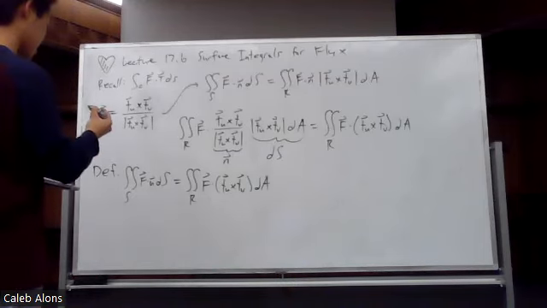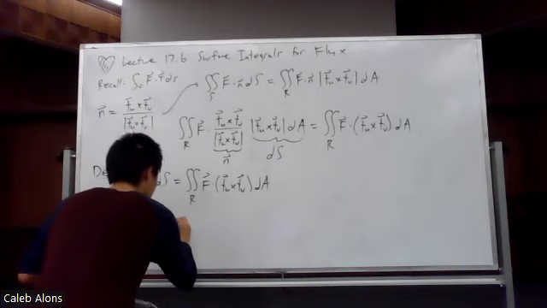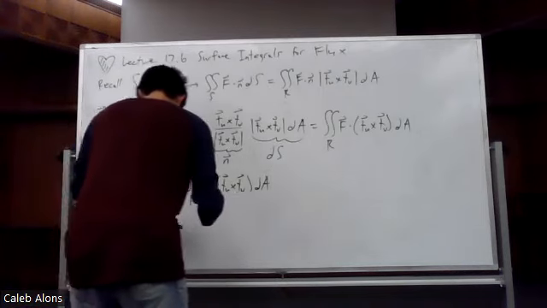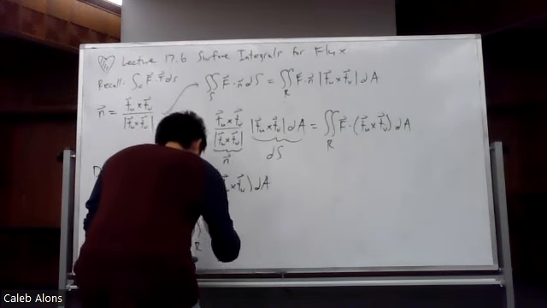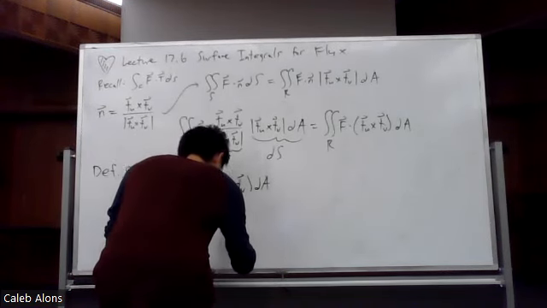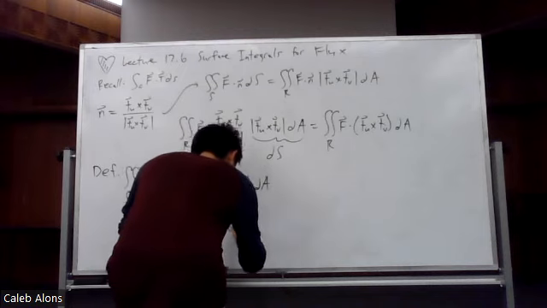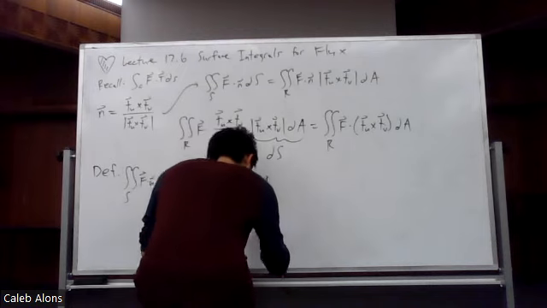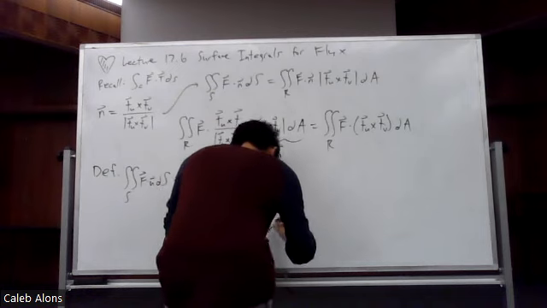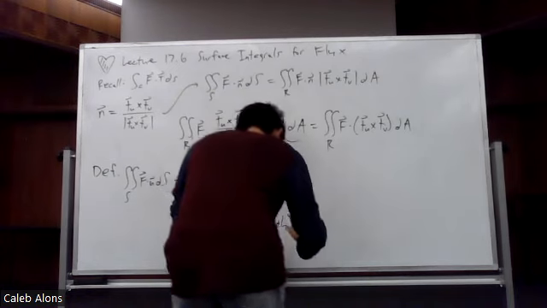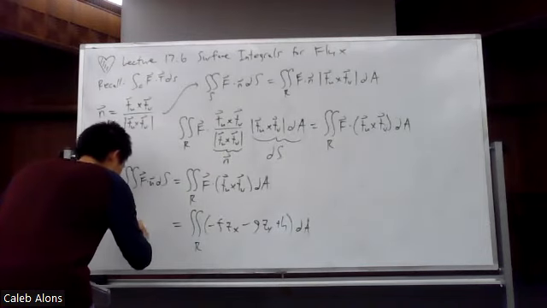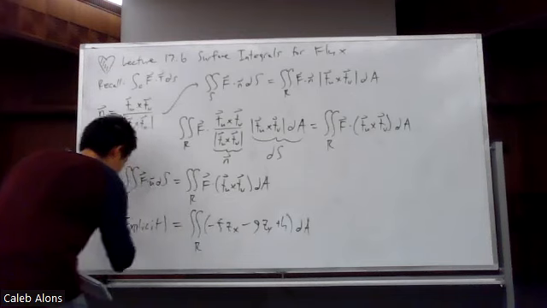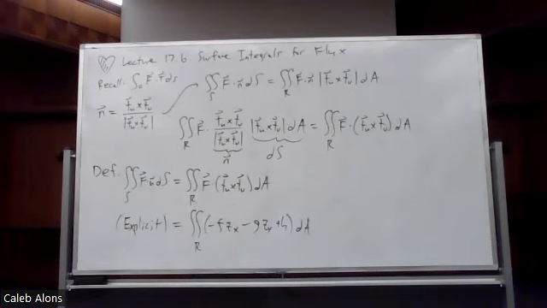Then you can just use the much easier formula, which is going to be the double integral over R of minus F times z_x minus G z_y plus H dA. This is explicit. Are there any questions?